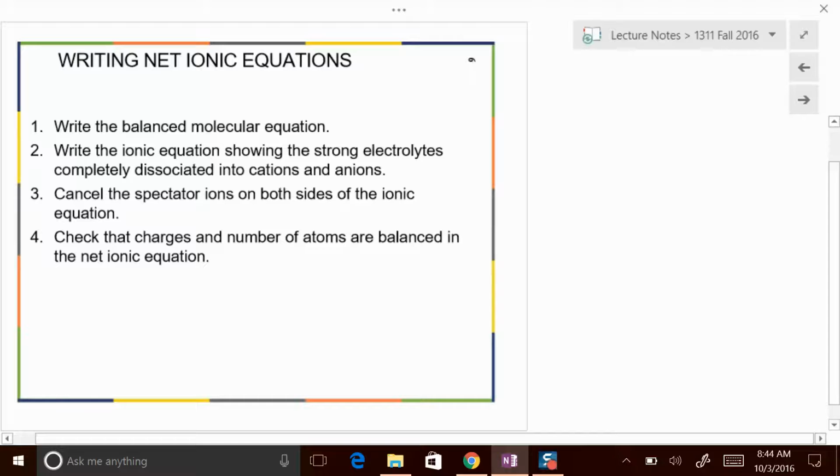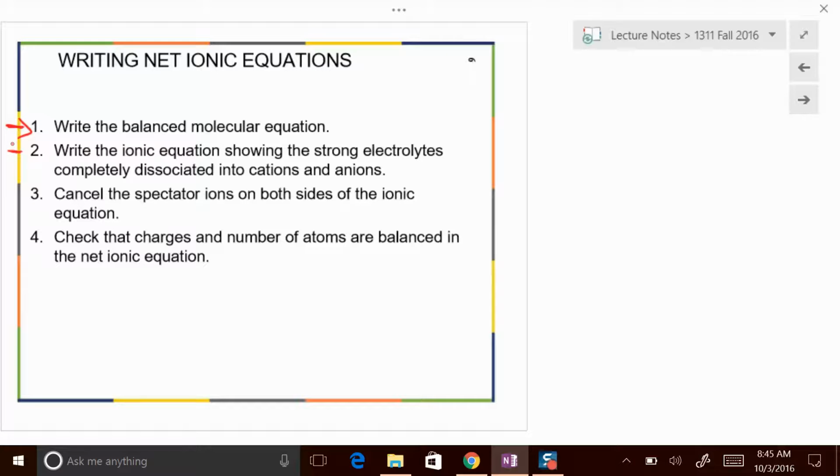Okay, so if we're going to write the net ionic equation, we have to first write the balanced molecular equation. Then, just as we saw earlier, you write your ionic equation showing the strong electrolytes dissociated into cations and anions. You would then cancel the spectator ions, and then check that the charges and numbers of atoms are balanced. Okay? And then you can write your net ionic equation.